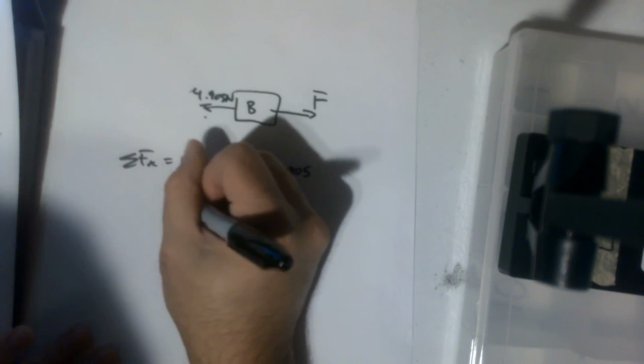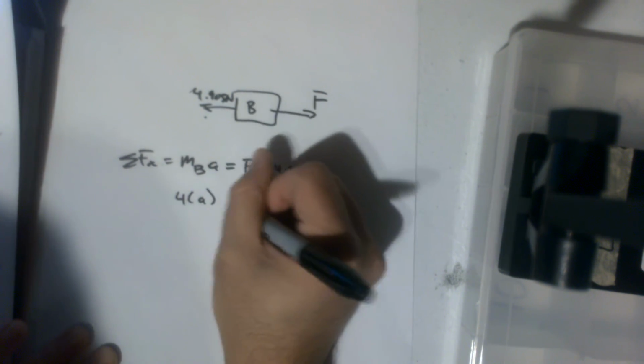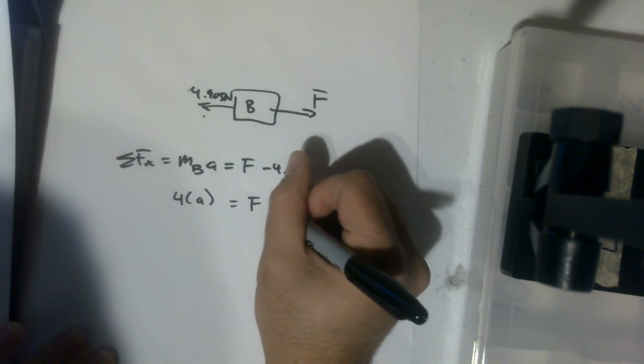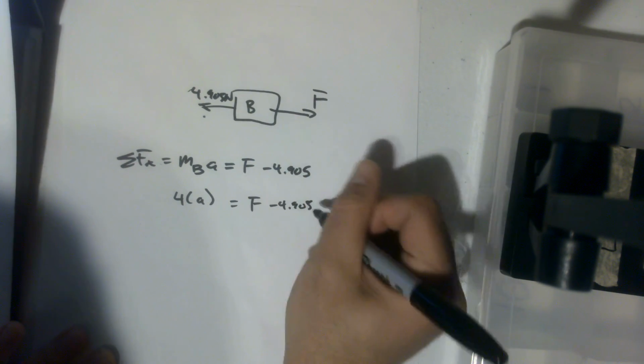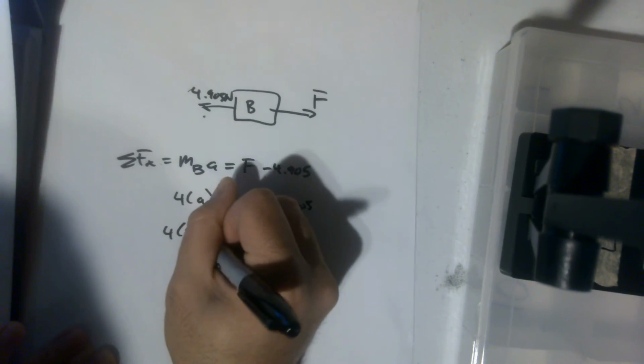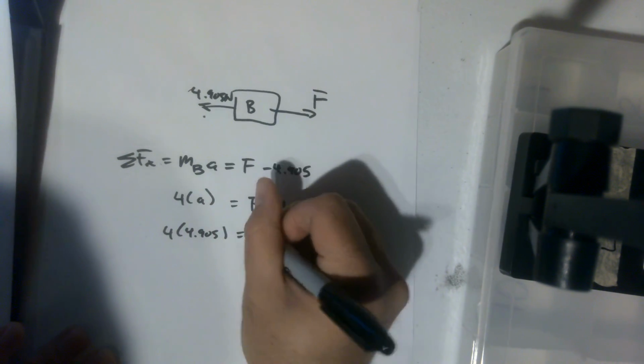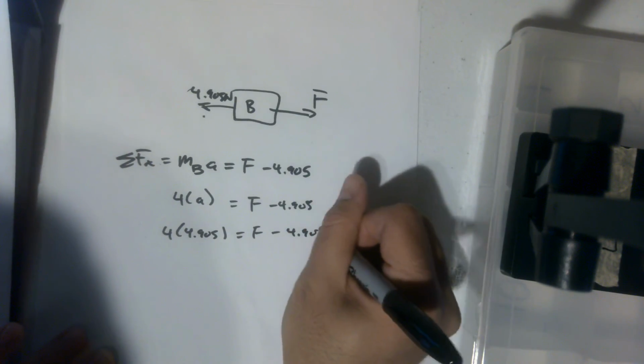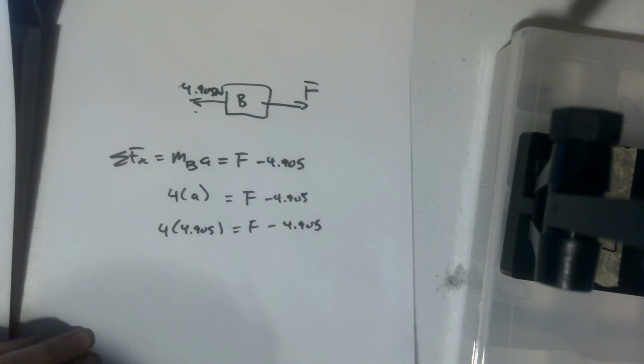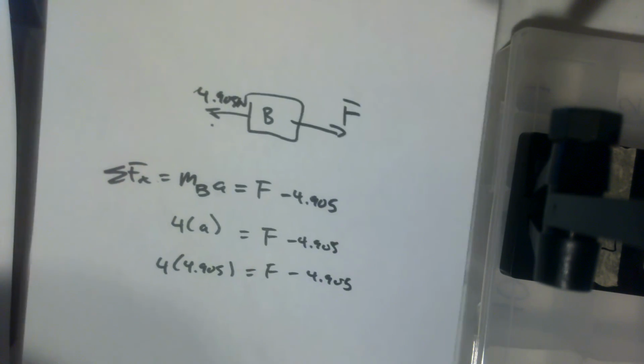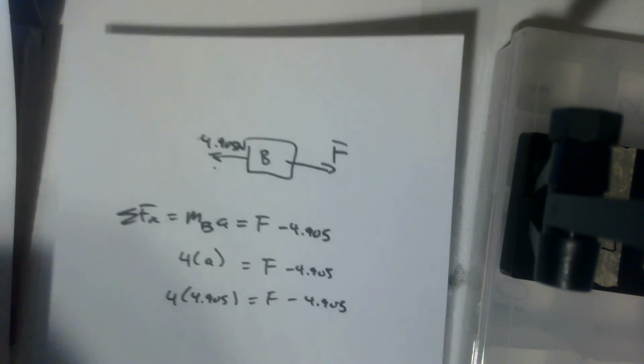The mass of B is 4. The acceleration is A. The force is unknown, minus 4.905. But A, we have just determined to be 4.905 meters per second squared. So now we can probably solve for F. And if this was all done correctly, it'll match up with the answer on the answer key.